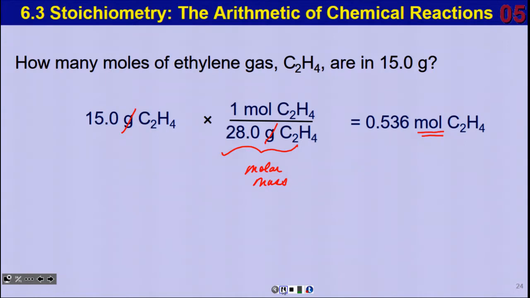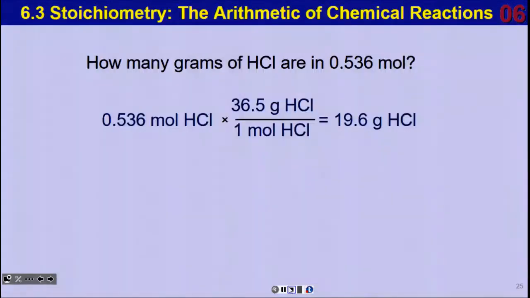So we can do the same thing then to decide how it's going to react with the HCl in a similar fashion. So if you have 0.536 moles of the ethylene, what would you have to have of the HCl? So if we have them reacting in a 1-to-1 proportion of molecules, the moles will react in 1-to-1 proportion as well. And so you need 0.536 moles of the HCl.